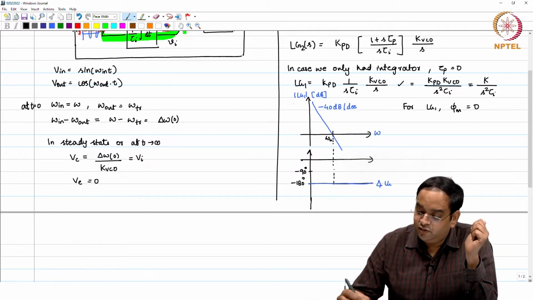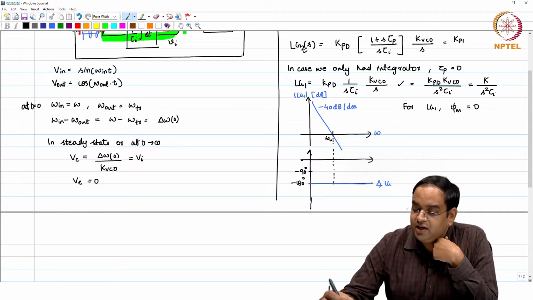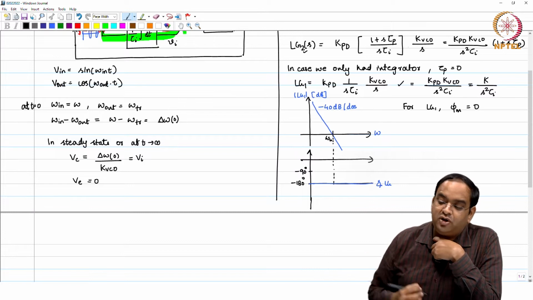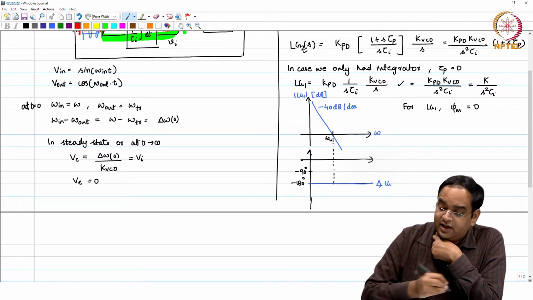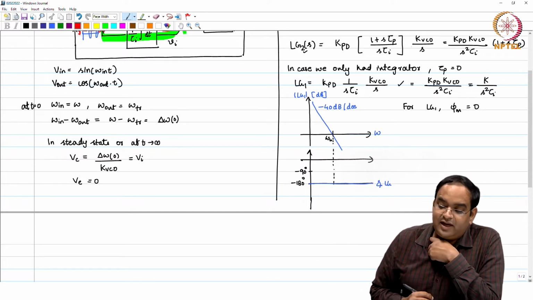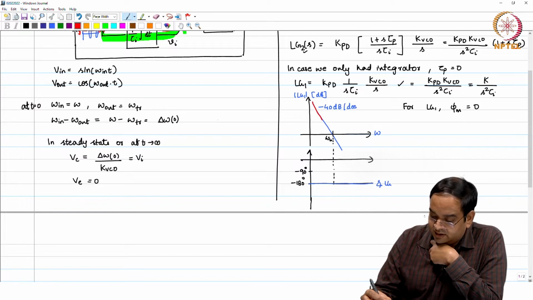In the other case, for loop gain 2, you see that this is KPD times KVCO divided by s square tau I into 1 plus s tau p. So, you have a 0 at 1 over tau p. Okay. In case we place our 1 over tau p lower than the unity gain frequency, your loop gain 2 will be something like this.